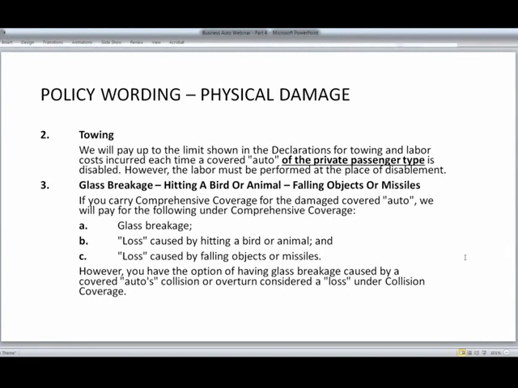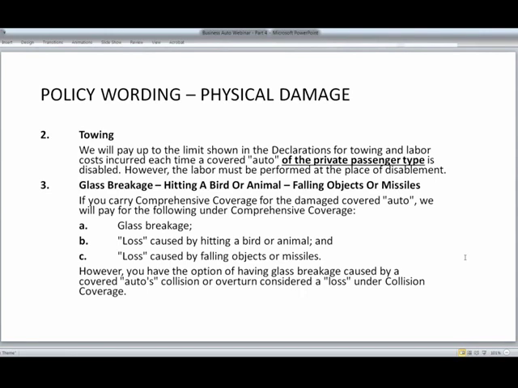But if a rock flew up and cracked the windshield, then that would be covered under specified causes of loss and collision because it's a collision with the rock, which is covered under collision. Same thing with hitting a bird, and same thing with falling objects or missiles. Those are collisions with an item, and so they would be covered. However, you can claim those under comprehensive.